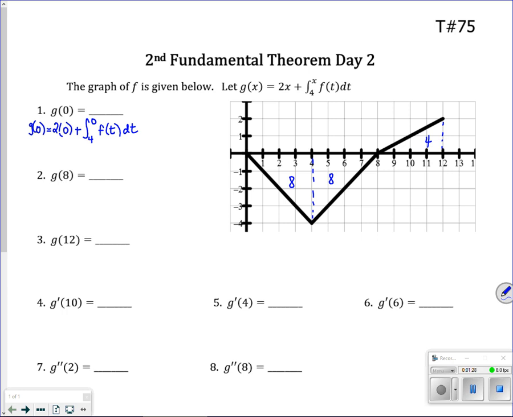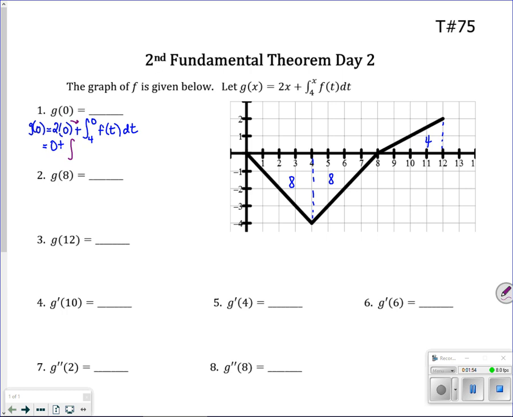So g of 0, well, 2 times 0 is 0. Now you have to be careful here. When you do the bounds, remember that above the x-axis, the integral will be positive, and below the x-axis, the integral is negative. Remember, that's when your bounds go low to high. So it helps my brain.